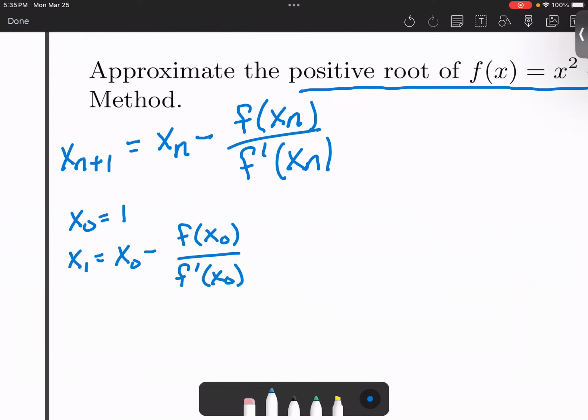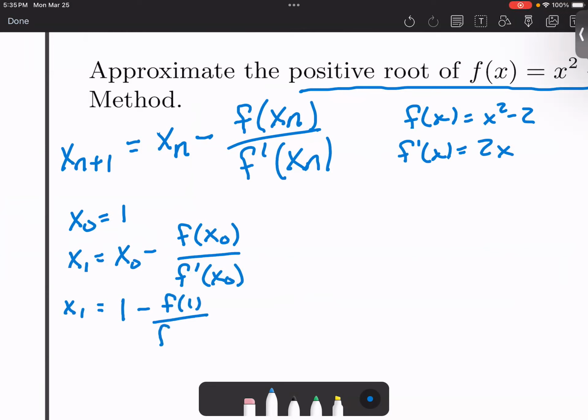Our function is x squared minus 2. The derivative is 2x. So my next x value in the sequence will be given to me by my first guess, 1 minus f at 1 over f prime at 1.